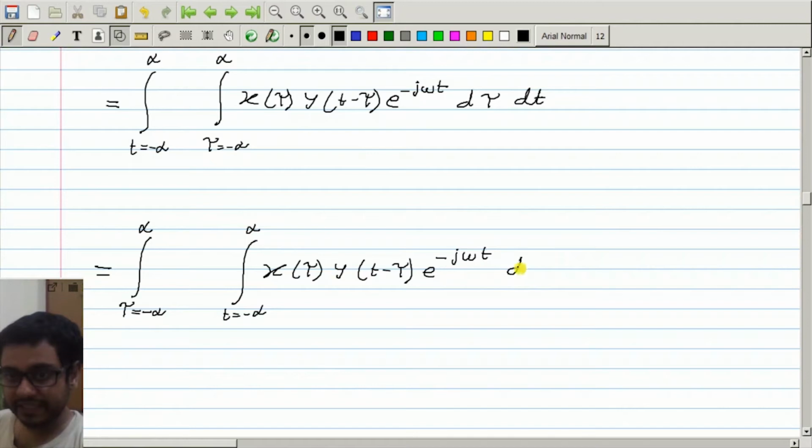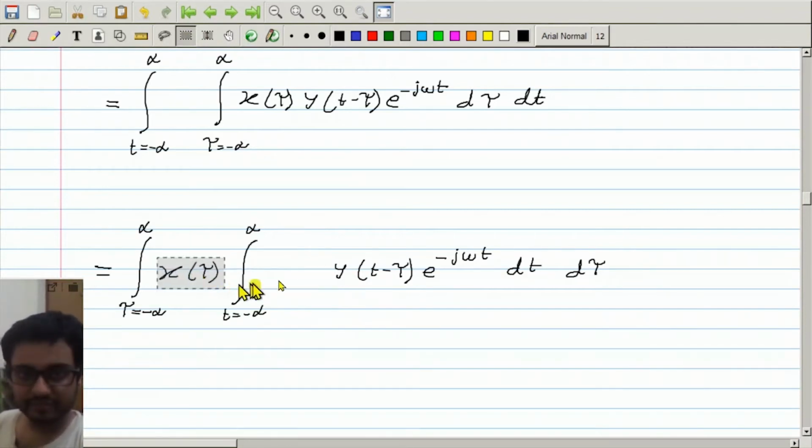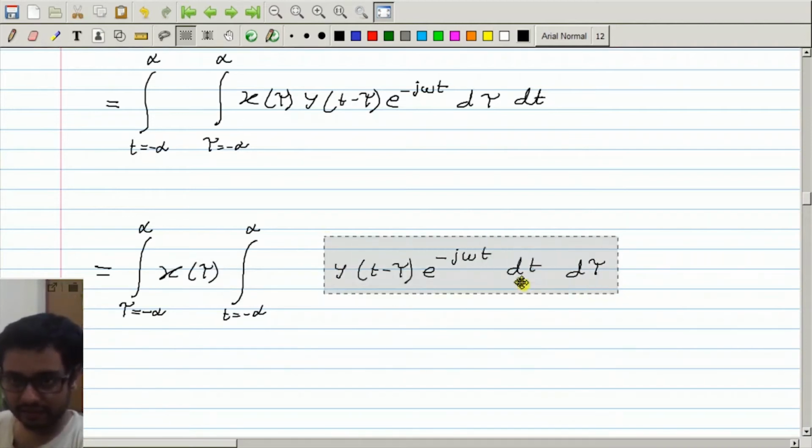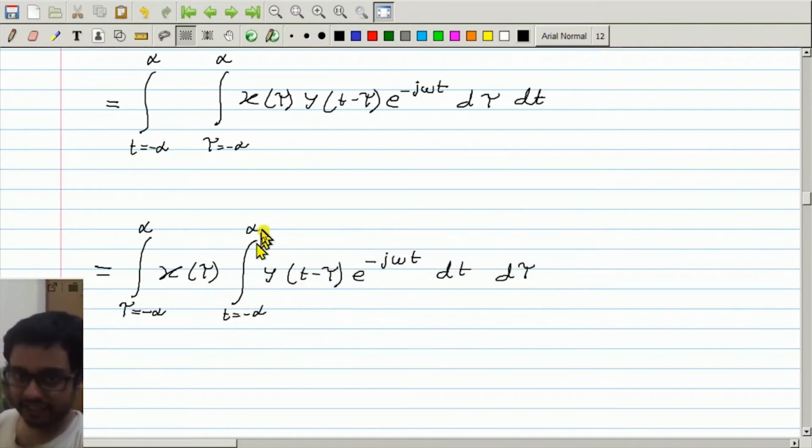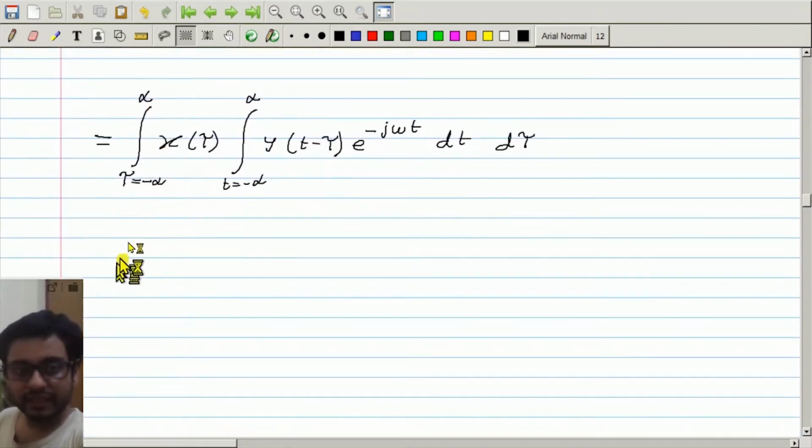I will write dt first and then d tau. Now you notice that this x tau is not a function of t, so I will write it outside here, and like this. So the inner integration is over t and the outer integration is over tau.